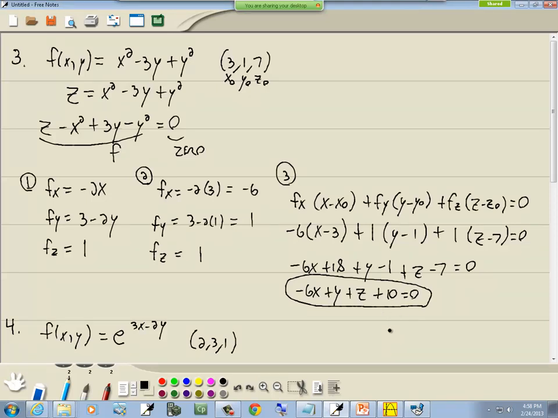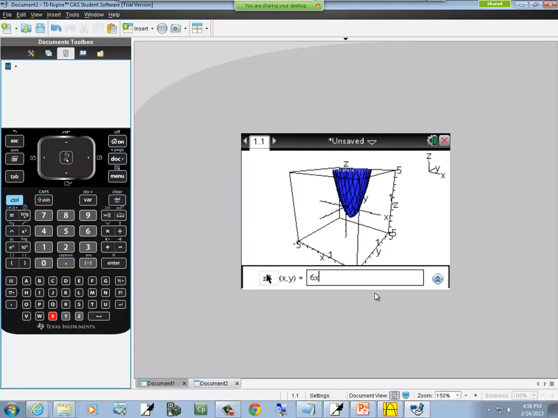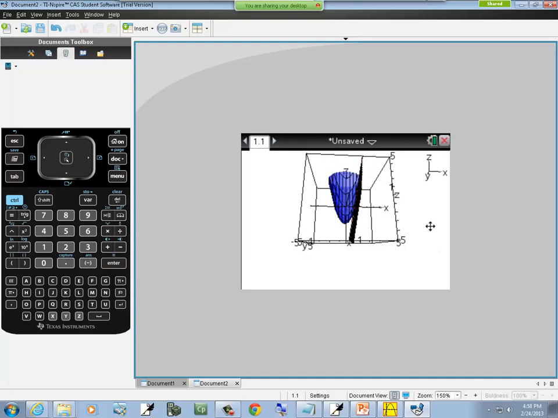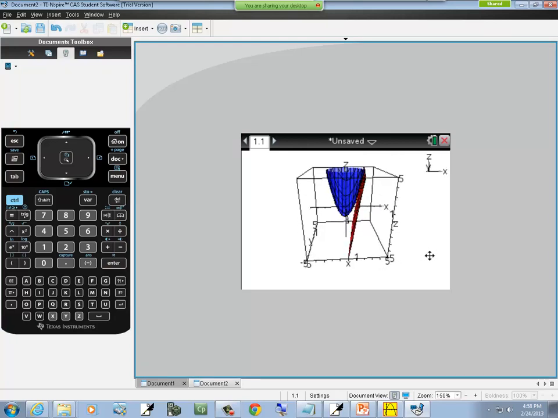z. So I'll take those over, and I get 6x minus y minus 10. So 6x minus y minus 10. And enter. I don't know how to plot a point on here. That's bad.